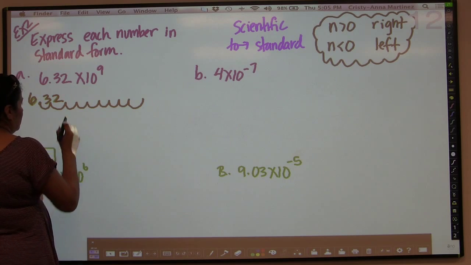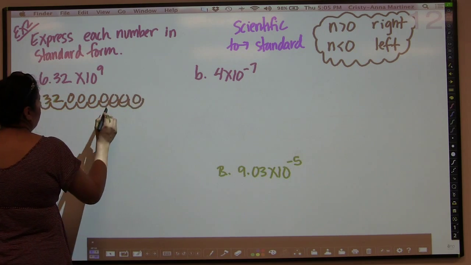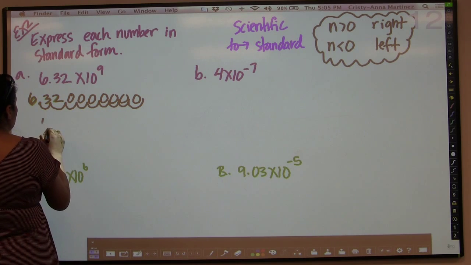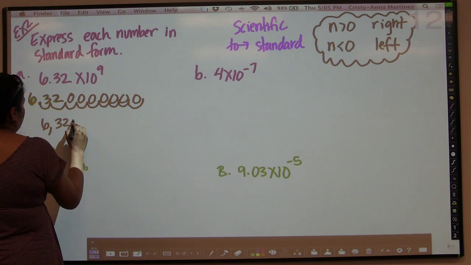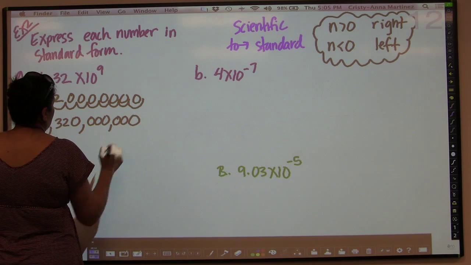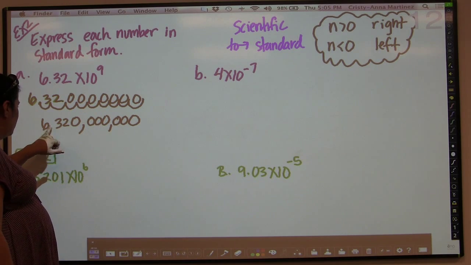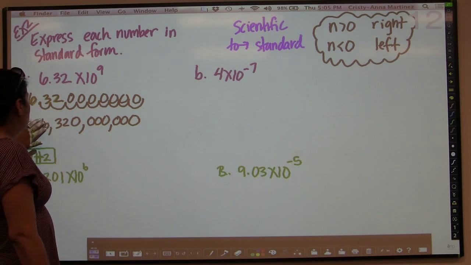Then I'm going to fill it in with zeros. I don't know what that number is called, but it's really big.